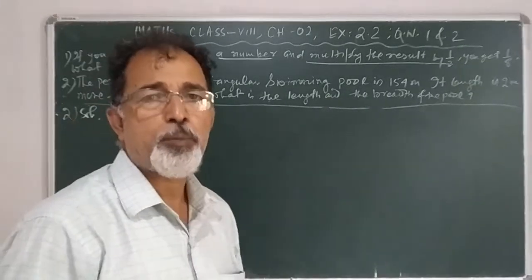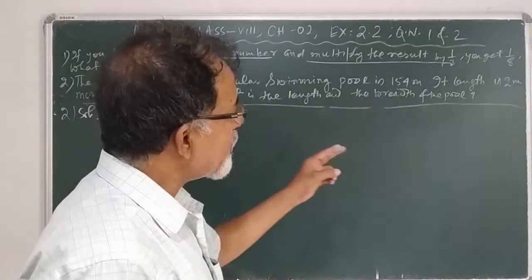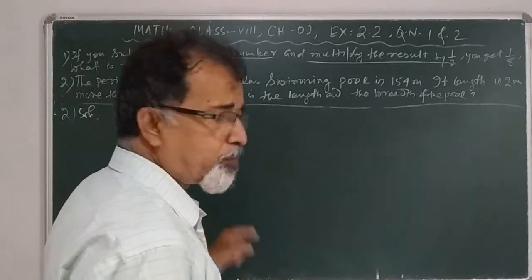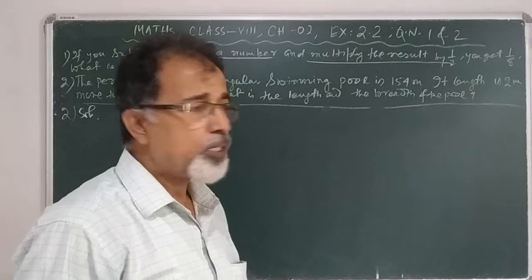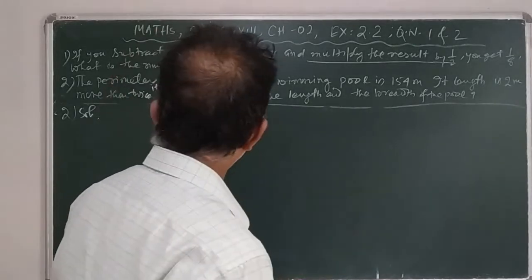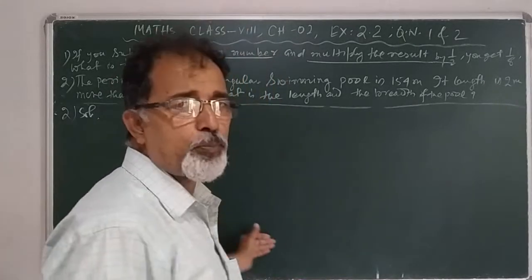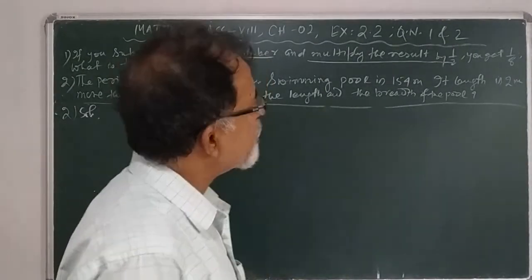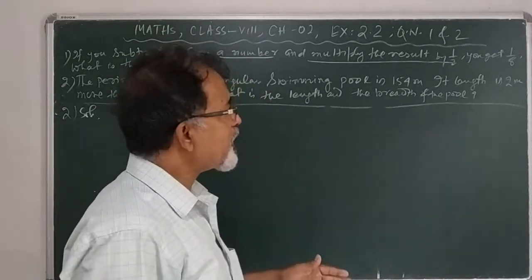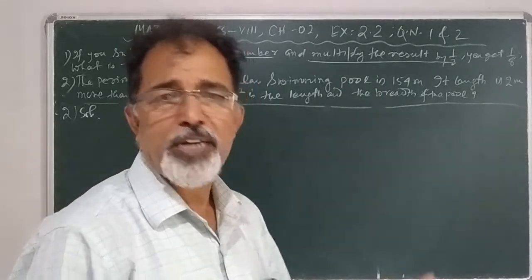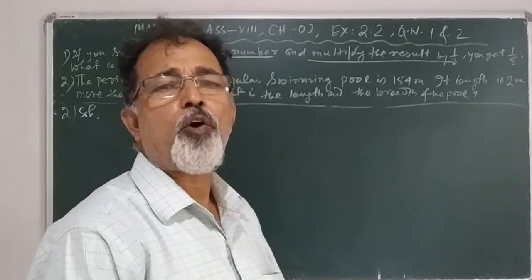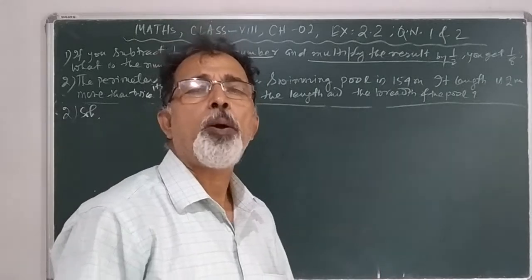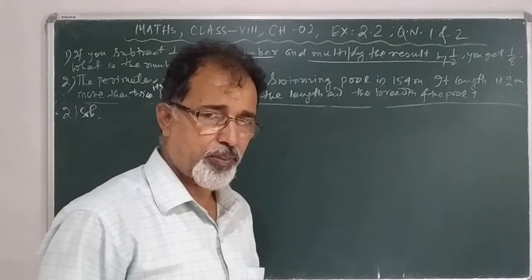First of all, we will start to think whether we will assume length as x or breadth as x. This is a big problem. In order to find the length and breadth, one of them will be assumed as x, y or z, any letter. If we take length as x, we cannot easily find the value of breadth in terms of x.